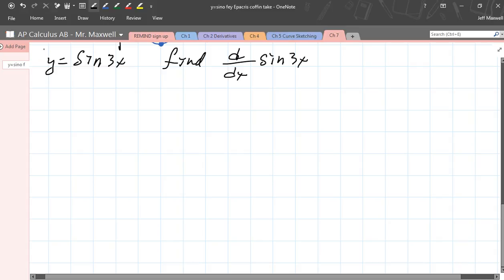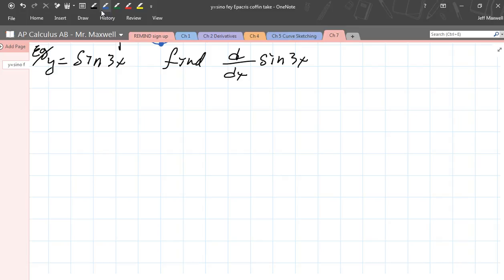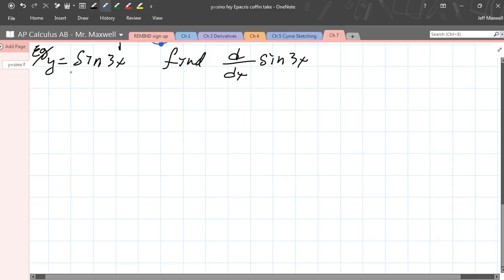Okay, so this is our example we're going to work with here. Find the derivative of sine of 3x. What we have to remember here, and I don't know if you've forgotten this or not, is that this is not a multiplication of two things. Remember that? It's not. As a matter of fact, this instead is an outside function and an inside function.